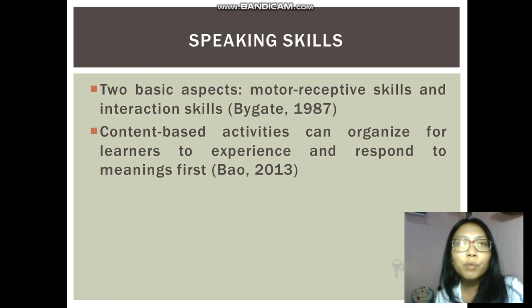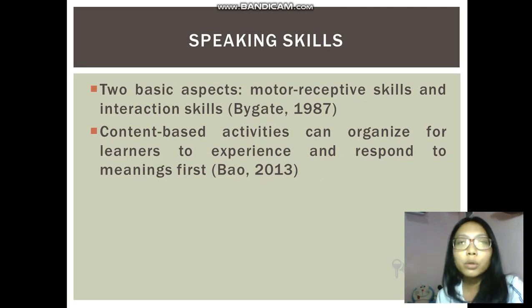Because before we can speak, we have to listen first. So we need a receptive skill first to make a decision about what and how to say things in a specific communicative situation, to convey the right intention or maintain relationships, or to do the interaction skills.